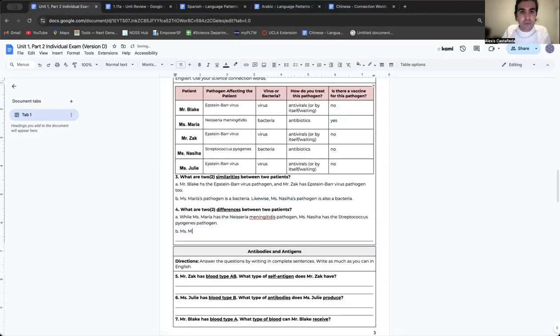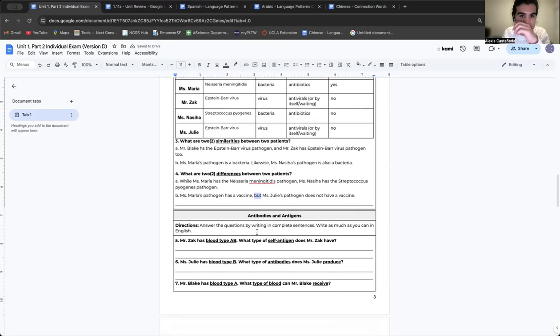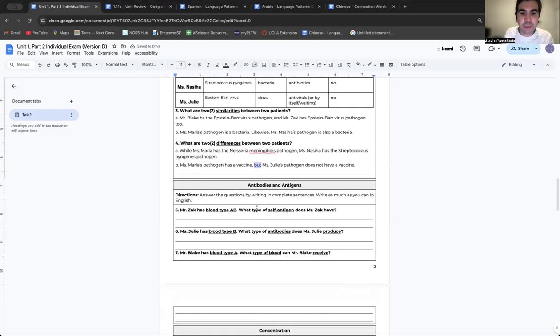So Miss Maria's pathogen has a vaccine, but Miss Julie's pathogen does not have a vaccine. So I use the word but. Okay. And we can move down to the next part.